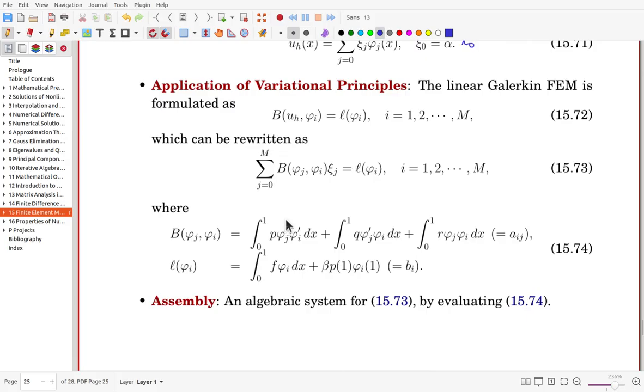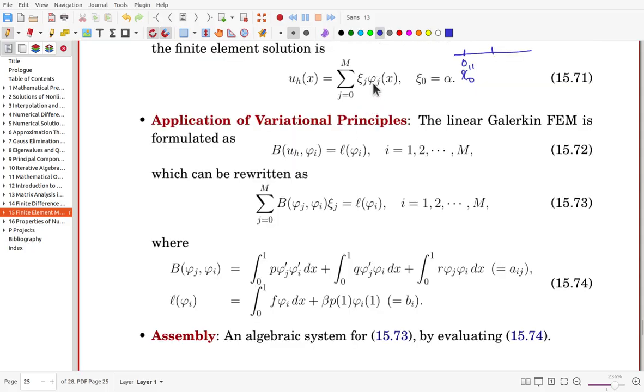Okay, for each B and L, we have the detail here. That is A_ij, which is the integral of phi_j prime, phi_i prime. Now phi_j comes from the linear combination of the basis functions, while phi_i comes from the weight, the test function.